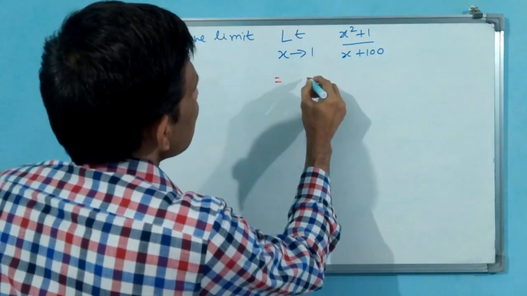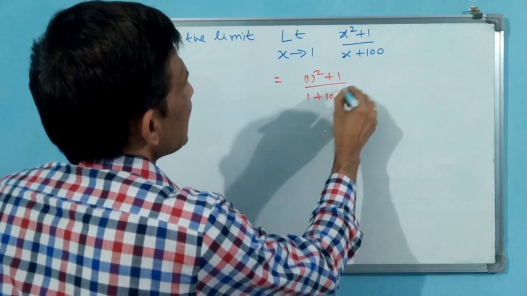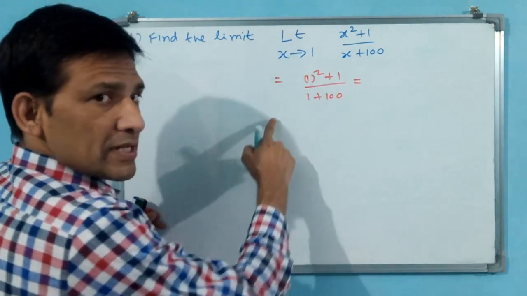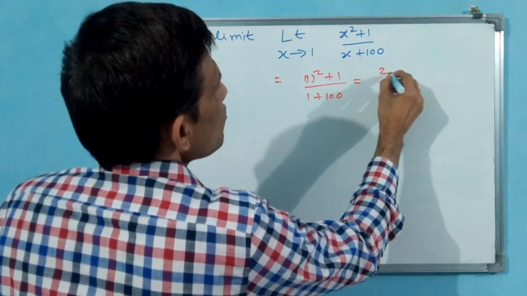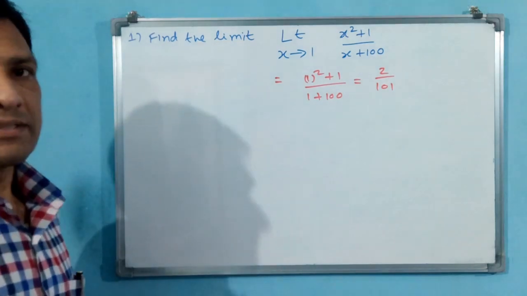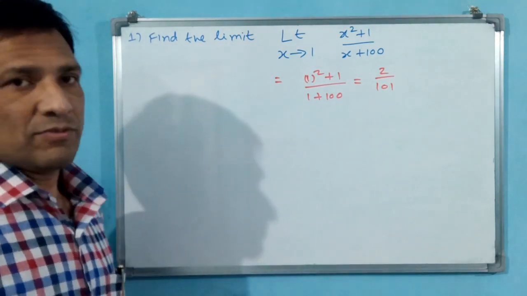Applying it: 1 square plus 1 by 1 plus 100. Then 1 square plus 1 means 2 by 101. This is the answer for this question.